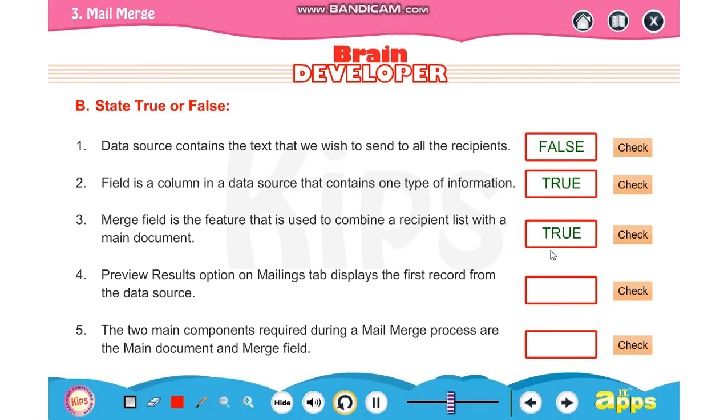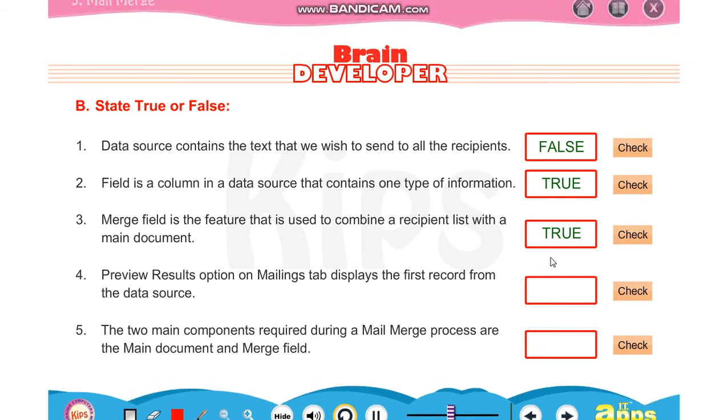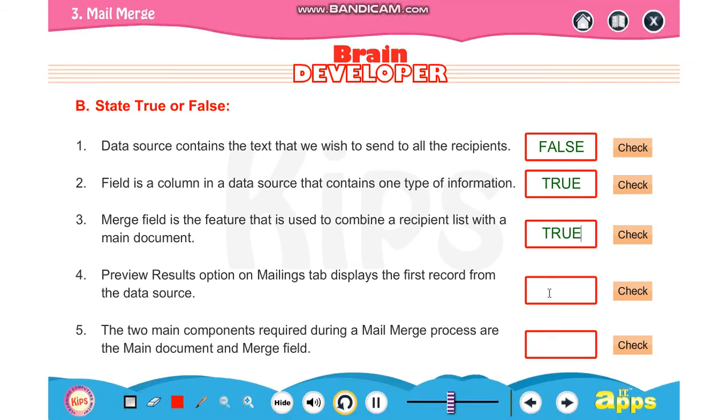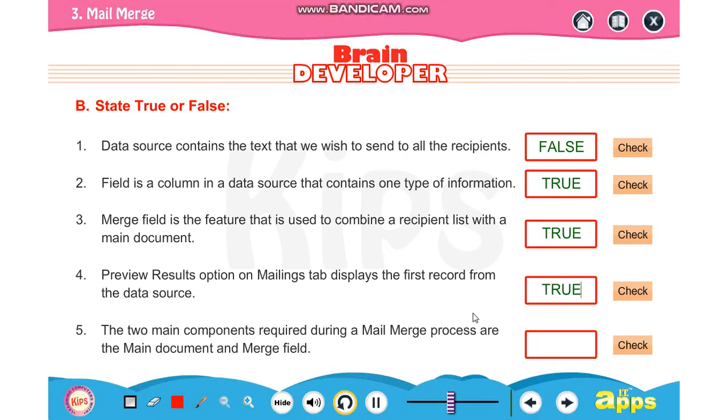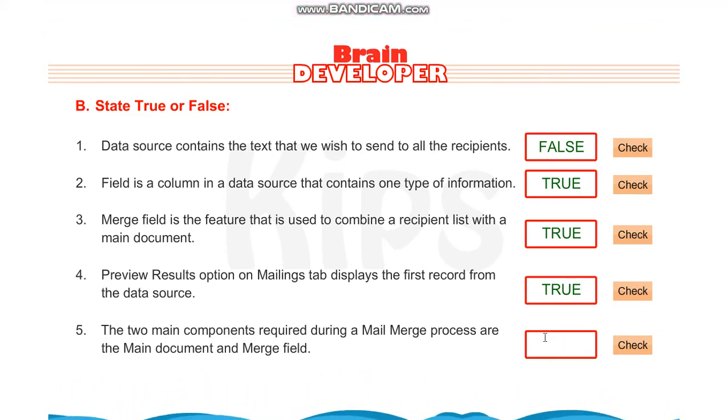Preview result option on mailing tabs displays first record from data source, true. The two main components required during a mail merge process are main document and merge field.